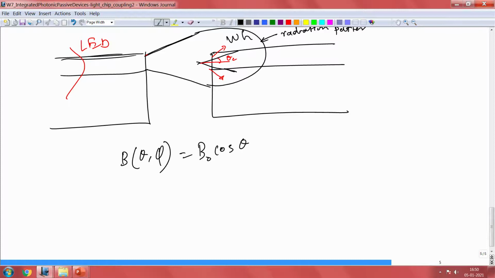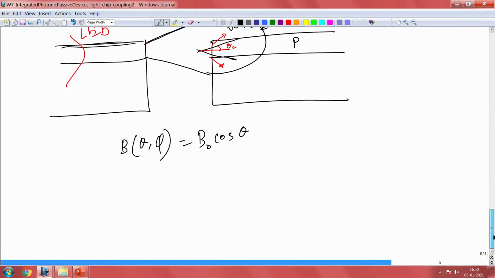So, let us look at what that overlap integral is going to look like. So, we have kept our LED very close to this, and we want to understand how much power will be carried through this, right. So, since this is associated with the 3 dimensional solid angle here, right, we can use a cylindrical coordinate system here.